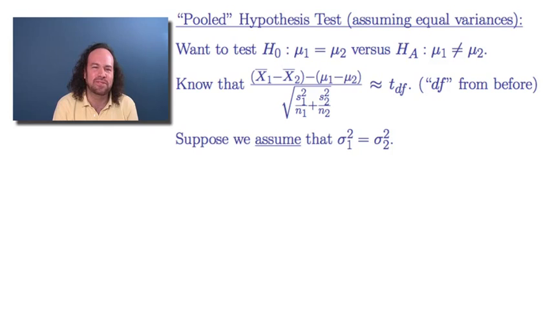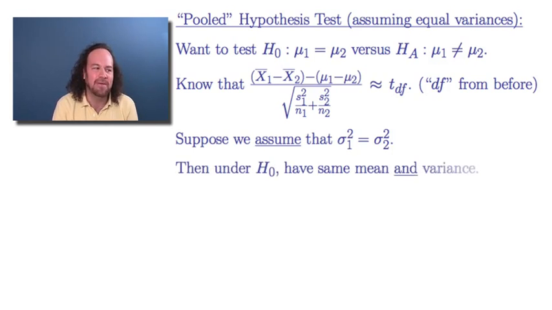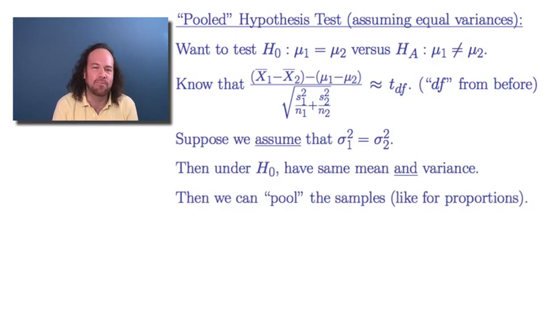But now we're going to assume that the true variance is the same for the first sample as it is for the second sample. And that means that under H0, we have the same mean and the variance, and then it turns out that we can pool the samples, so we come up with a common estimate of the variance for both samples together because we're assuming it's the same.